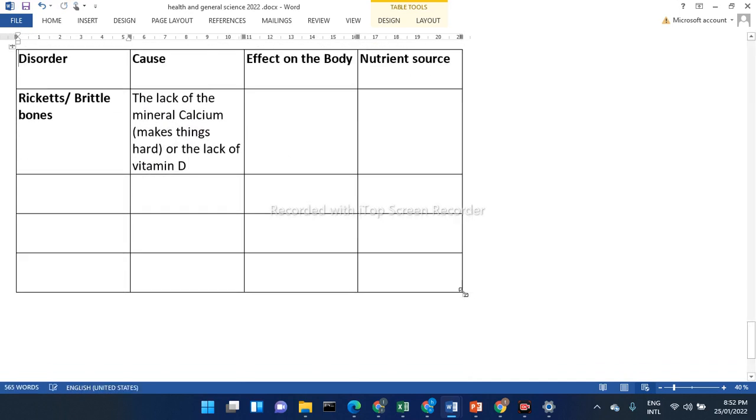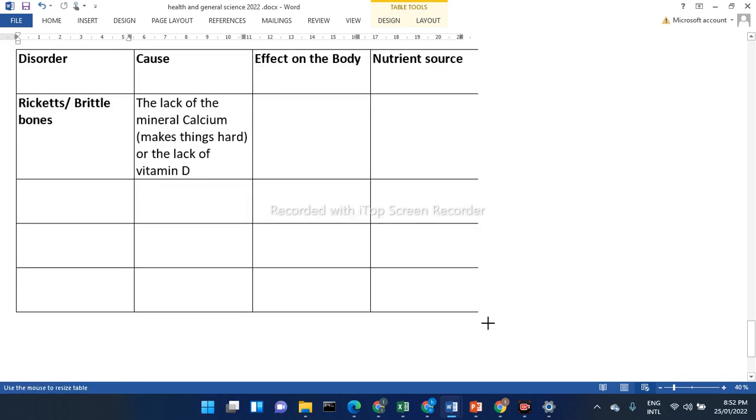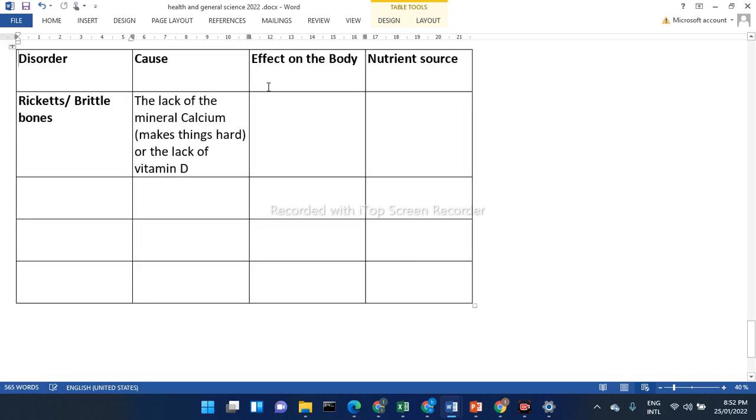All right. Then what's the effect on the body? We could put the bones there, make the bones hard. That's fine. That's why we need calcium. Now, the effect on the body. What effect does rickets have on the body?